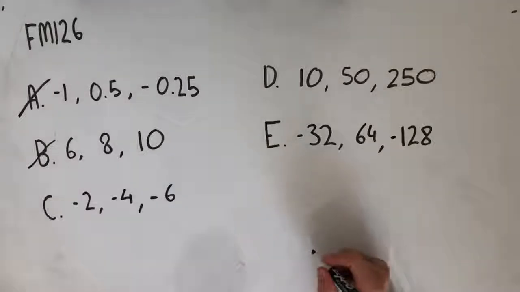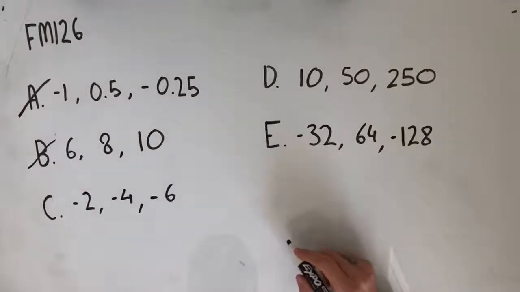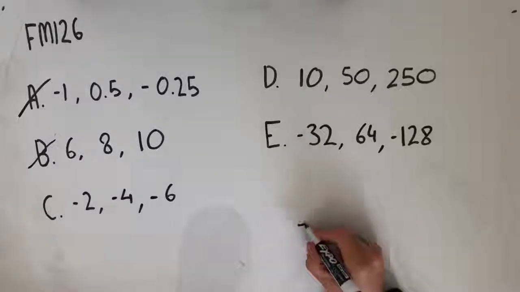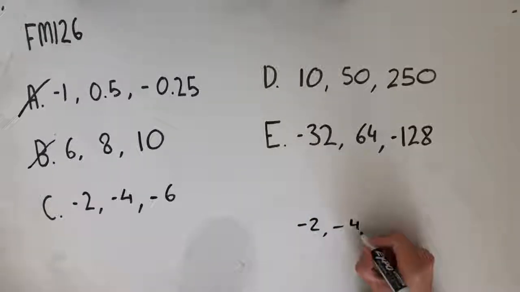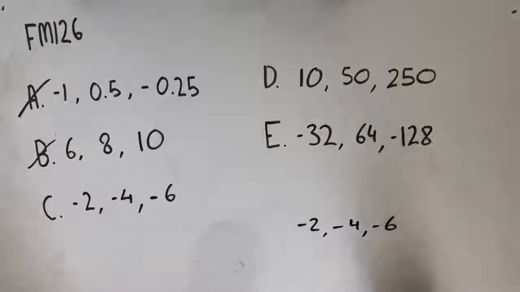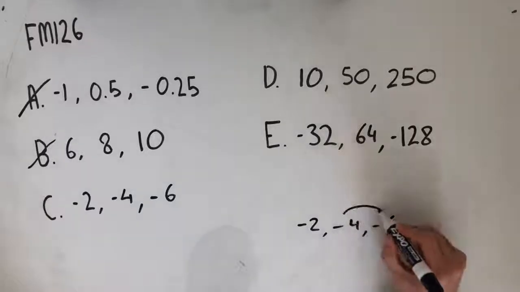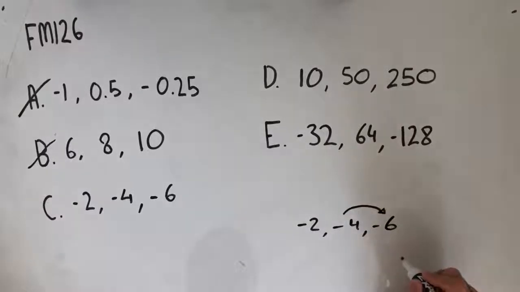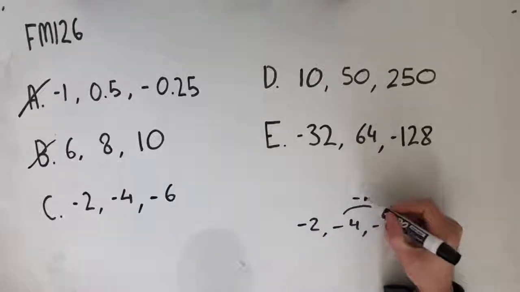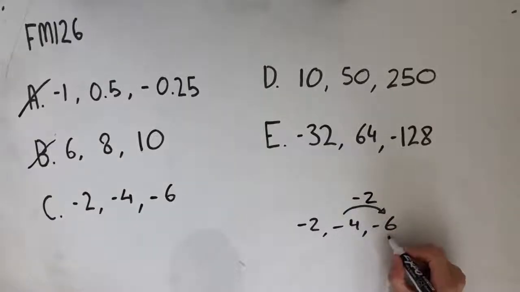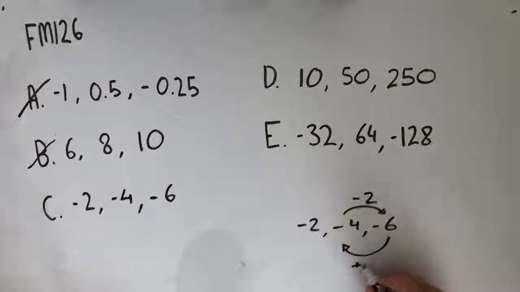C, another slightly trickier than B, but still pretty straightforward. We've got -2, -4, -6. Now we should be able to see here that to move from one term to the next term in the sequence, we're minusing 2. Obviously to go the opposite way, adding 2.